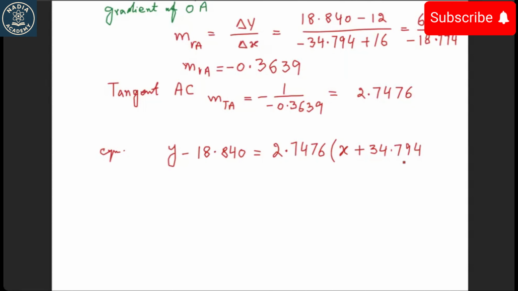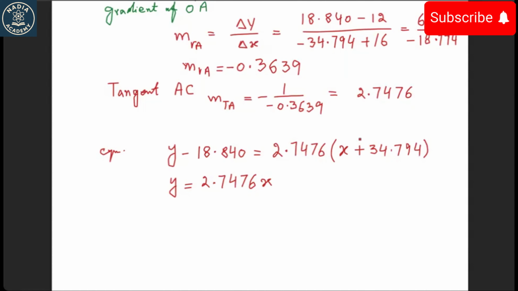We got 34.794. Okay, so now you can simplify this equation in the following way, that y is equal to 2.7476 multiplied with x. So we get 2.7476x, and 2.7476 times 34.794. And then you can see on the left side, we have this negative 18.840 that moves to the right side, and it will also be a positive number.